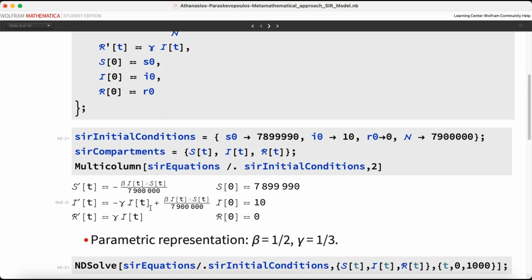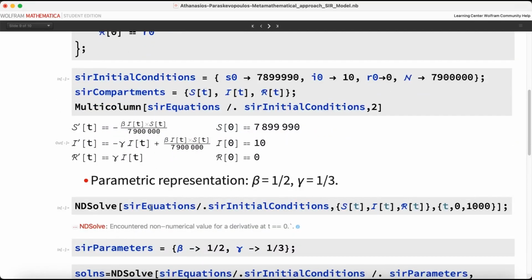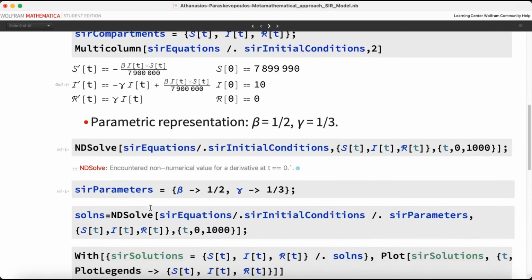These are also given from our historical data. Then we take this information and we use the NDSolve command to find our solutions.